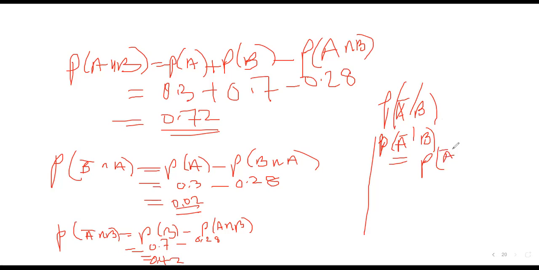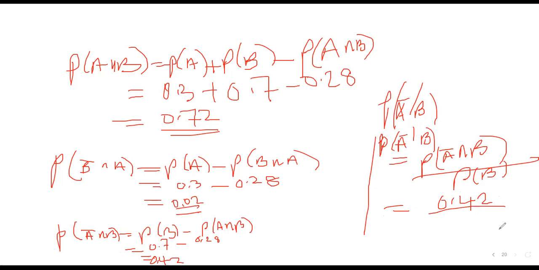The value of A complement intersection B over probability of B. Now this one, A complement intersection B, we found 0.42 on top.